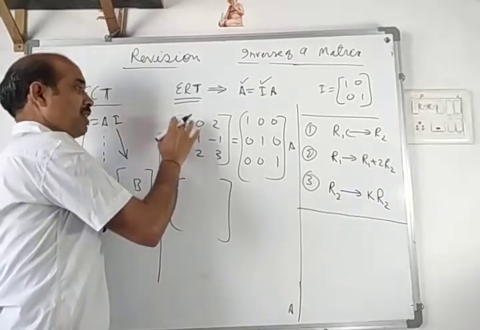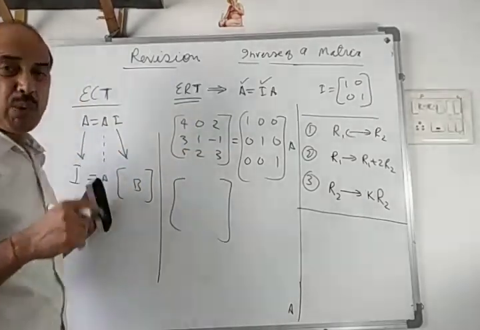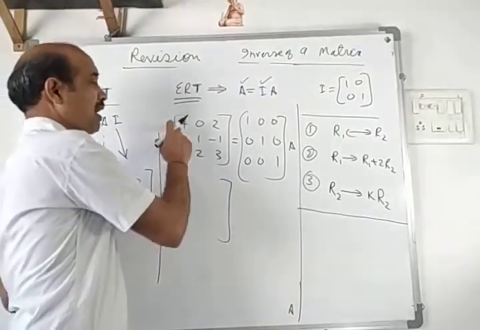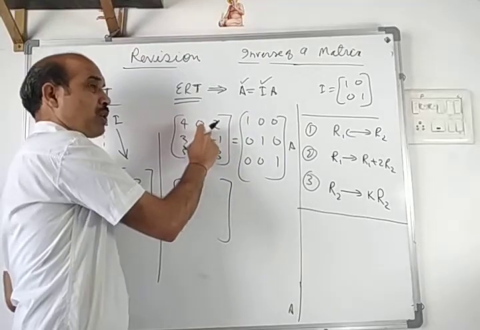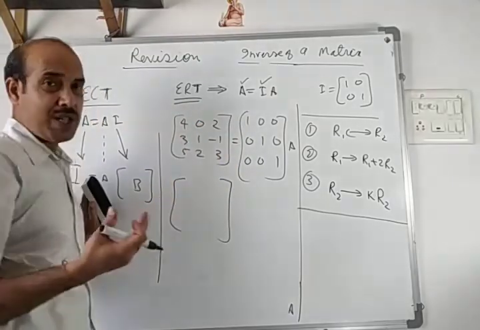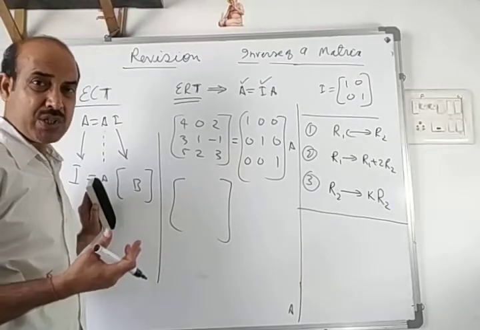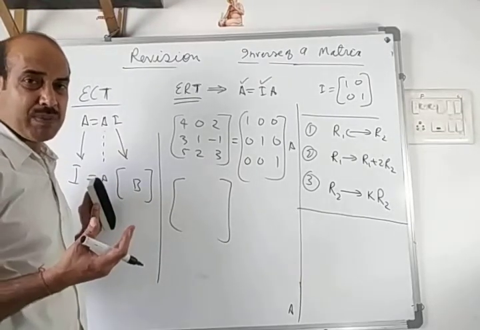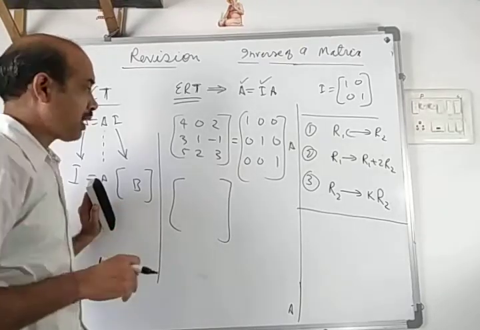If it is not possible, you can divide by 4, but you should try to avoid division, because after dividing by 4, this will become 1 by 4, this will become 1 by 2, so fractions will be generated, which will create problems in the coming calculations. So avoid dividing. But if there is no option, you can go ahead with it.